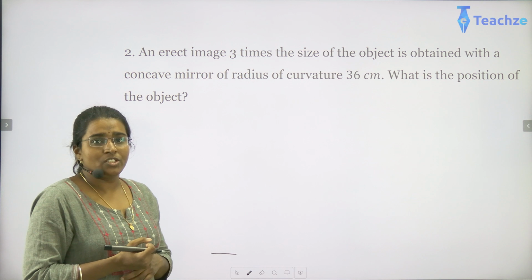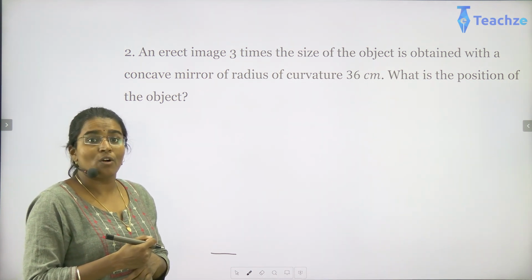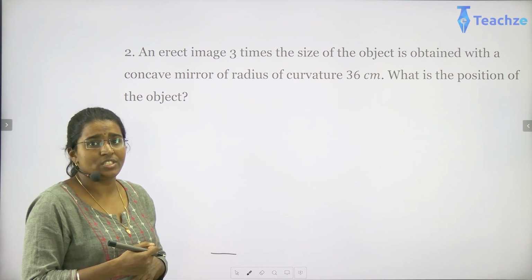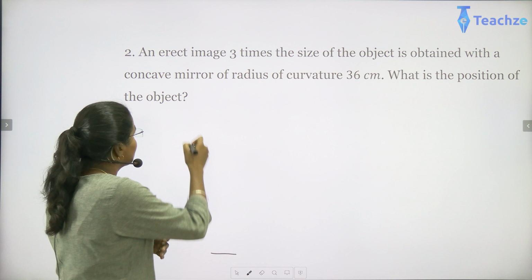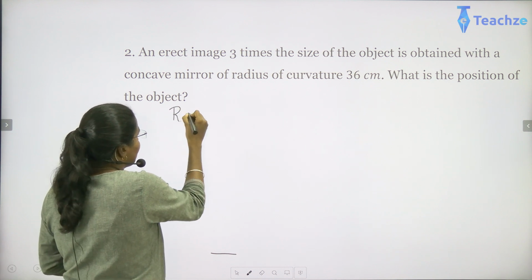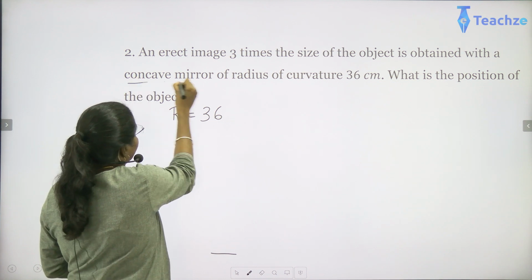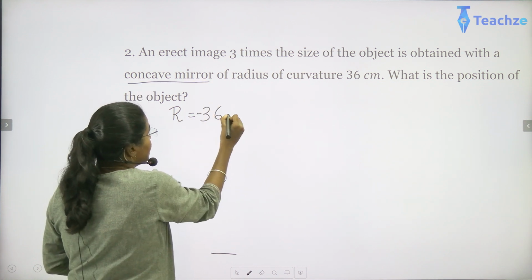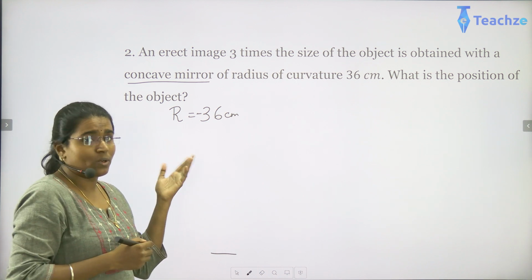The next question: an erect image 3 times the size of the object is obtained with a concave mirror of radius of curvature 36 centimeter. What is the position of the object? So here R is given. R is 36 centimeter, but this is a concave mirror, so it will be minus 36 centimeter. If you have R, what can you find out?